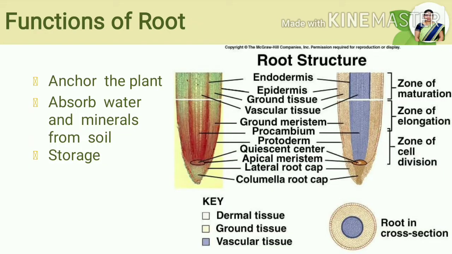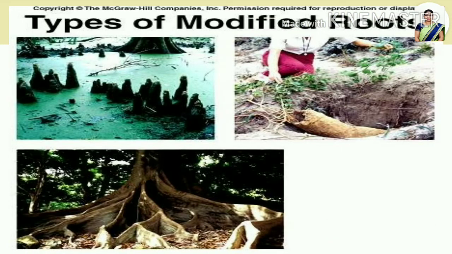The functions of roots are common: anchoring the plant, absorbing water and minerals from soil, and storage. These are the three major functions of root. Types of modified roots. Let's study about modifications.